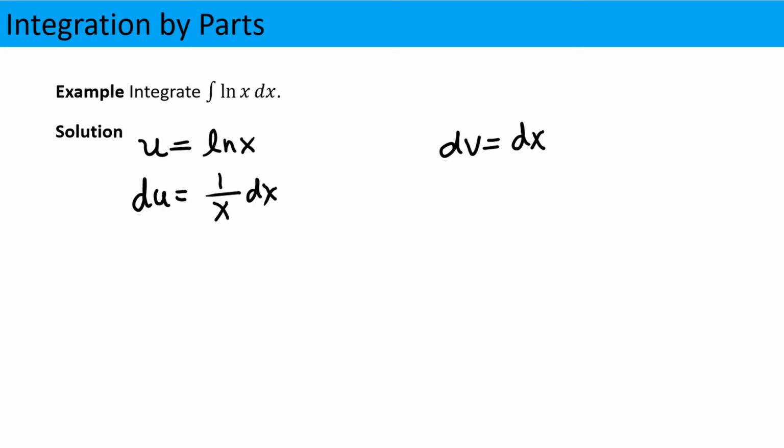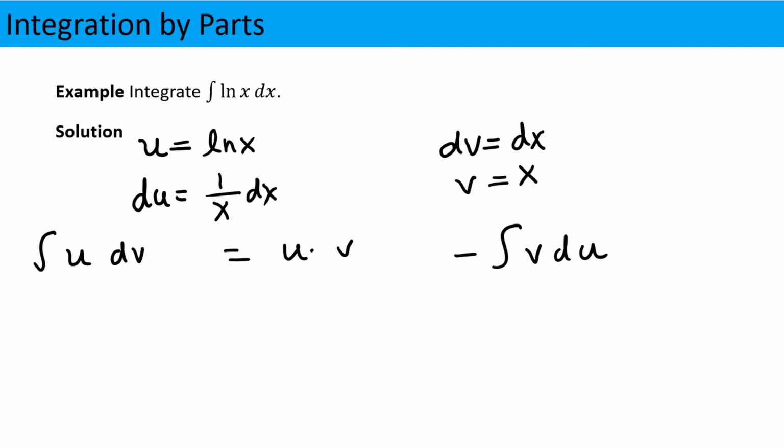Now, to find v, we integrate what we set equal to dv, and so that's actually a constant of 1, so the integral of dx gives us x. Now let's set up the integration by parts formula, which is that the integral of u dv can be computed as u times v minus the integral of v du.